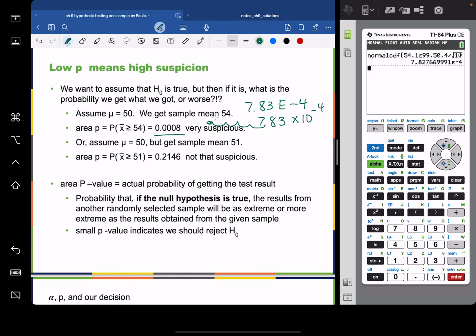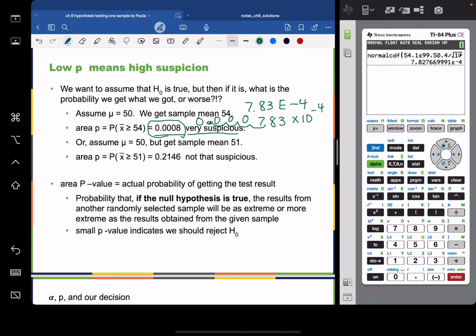Put your decimal there, fill in with zeros, and that's how we got this number. If you round, you get 0.0008. That is the probability that we would get a sample mean that is 54 or higher. So that is a very suspicious area. P: low P means high suspicion.